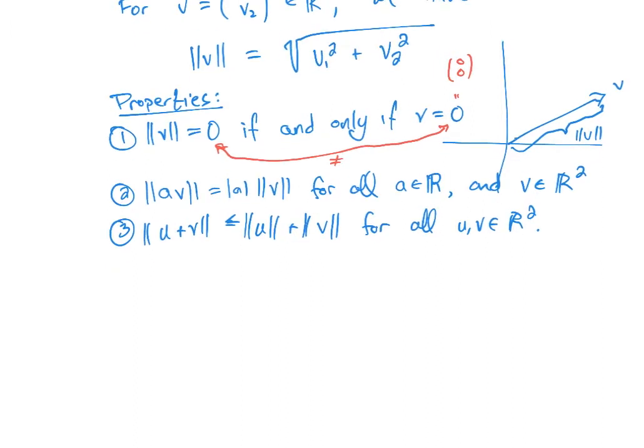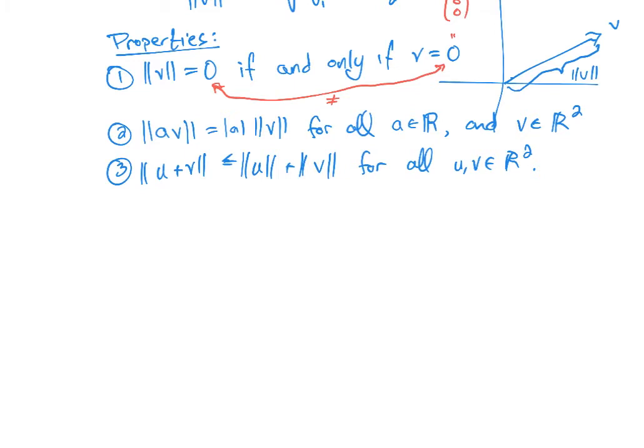Now, what I want to point out next is that the absolute value is a norm on the real numbers, because it satisfies those three properties.